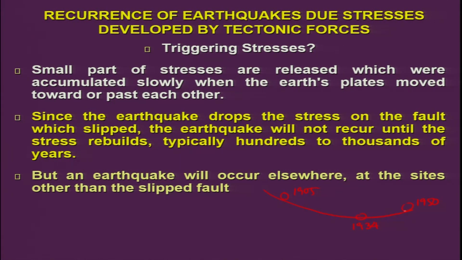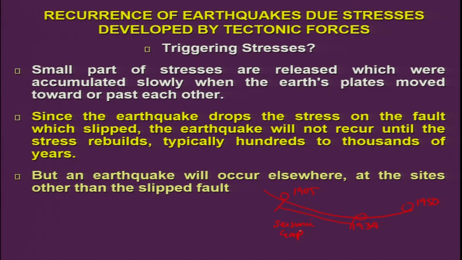This is in case of the Himalayas. What we discussed during that time was that this portion, which has not triggered any earthquake, will indicate a sort of seismic gap.